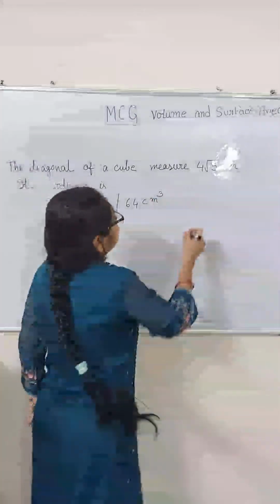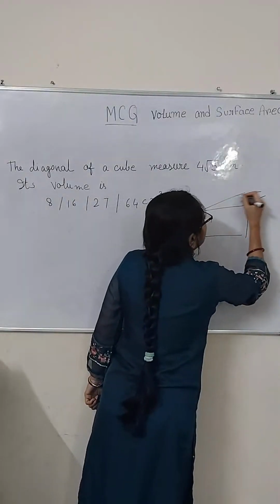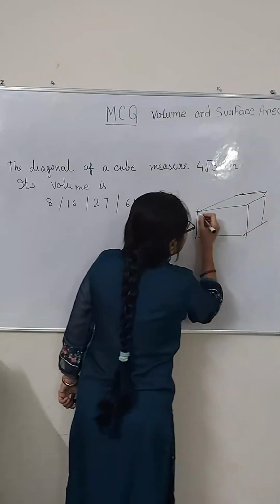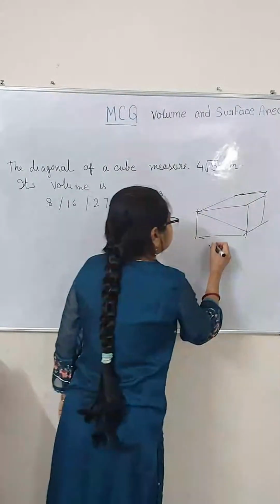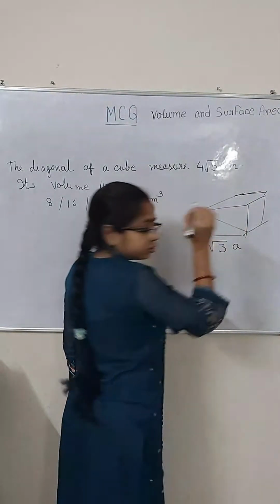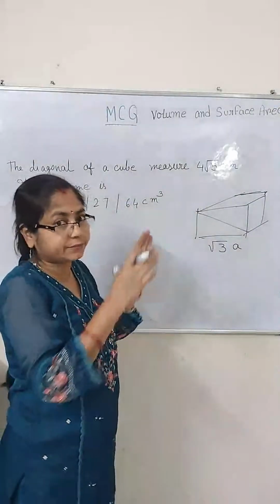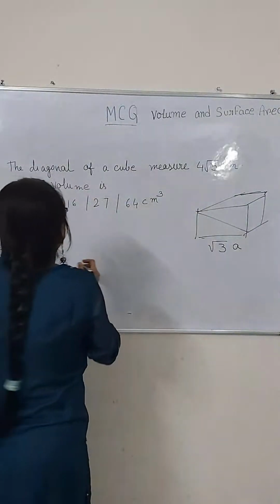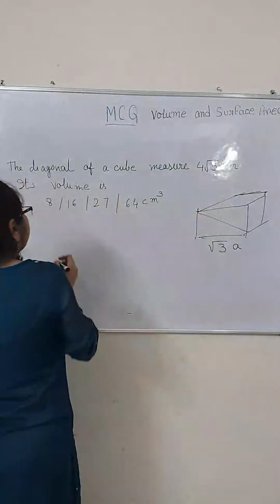Diagonals. Diagonal means it is called diagonals. What is the formula of diagonals? Root 3a. Root 3a is the formula of diagonals. For the first math, I start from this one. What is the value of the diagonal? 4√3. Okay.